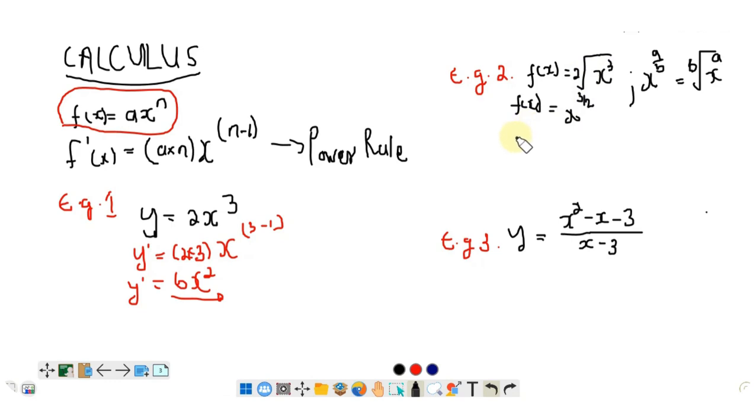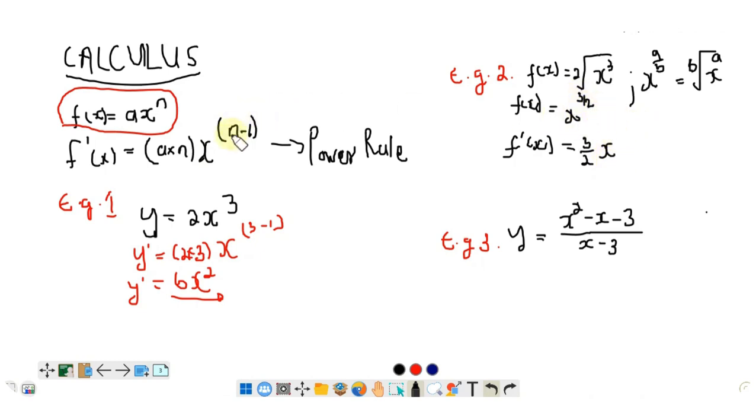When you do the derivative, it becomes f prime of x is equal to, so what is the coefficient here? The coefficient is 1, because when there's nothing, we know there's a 1. The rule says coefficient times n, so it's going to be 1 times 3 over 2, which becomes 3 over 2. Then you write x, and then we go to the exponent.